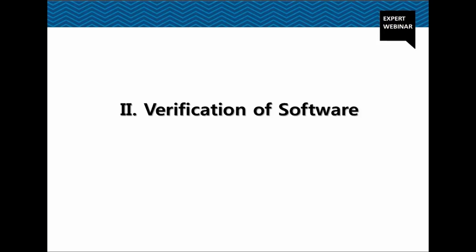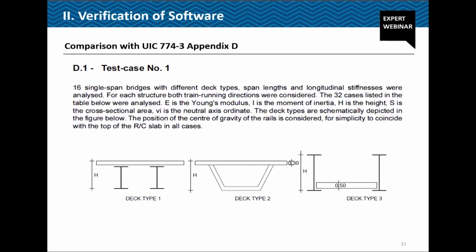So this is, so far, the general concept of the UIC code, and we can use any other software, but first of all we need to verify that the software is reliable and whether it demonstrates rail and structure interaction well. The UIC code has given some model test cases, with this kind of deck type and their test results themselves.